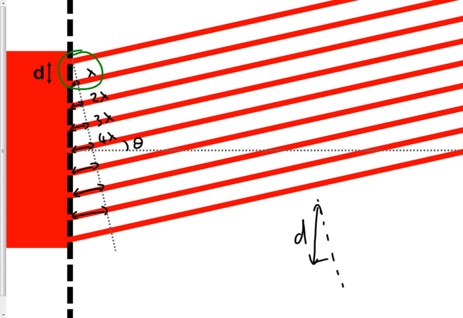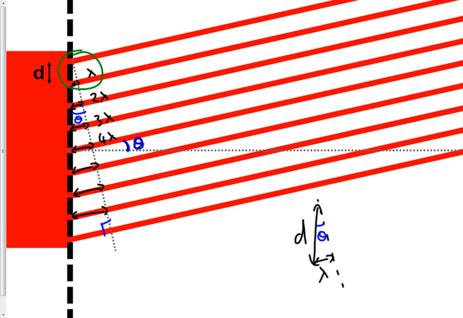We've got our path difference, which we just decided is lambda, 1 wavelength, and hopefully you can convince yourself via some nice maths that this theta here is the same as this theta here, because I've drawn this line so that it crosses the rays all at right angles. Okay, convince yourself of that. That means that this is therefore theta.